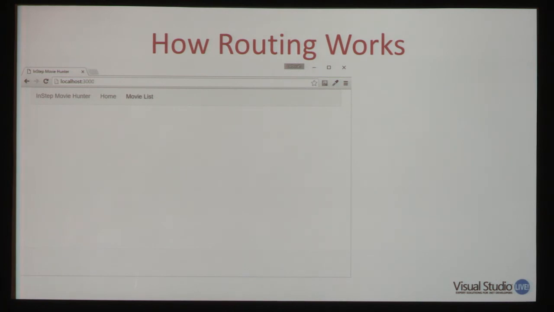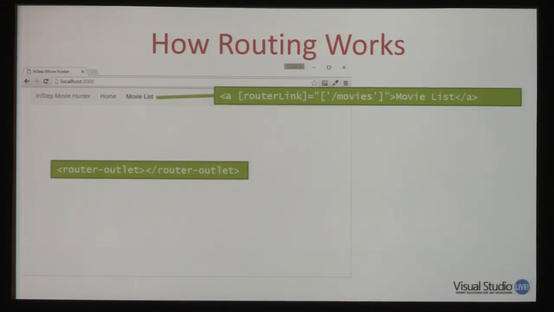Okay, so how does routing work then? Well, normally, if I had something like this with a menu, which is kind of like what you saw in that very first demo, associated with that link, and that happens to be an anchor tag type of link, I define a router link using an Angular directive. This is one of the built-in directives for routing.